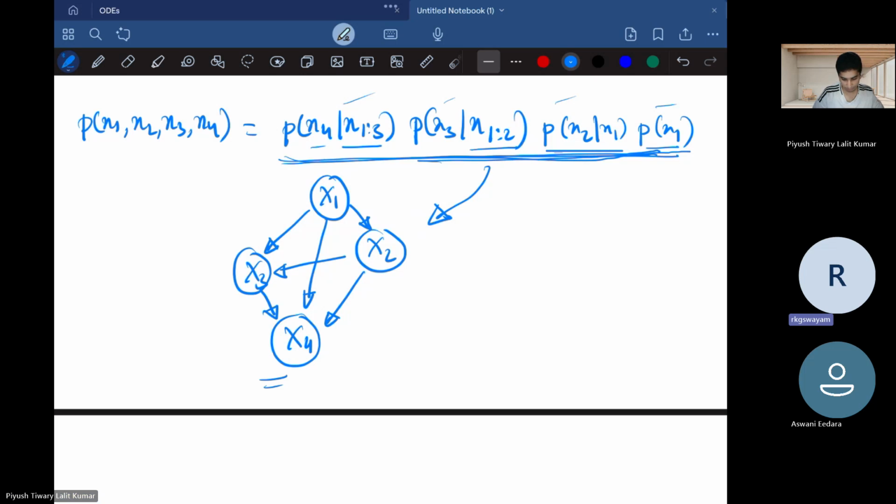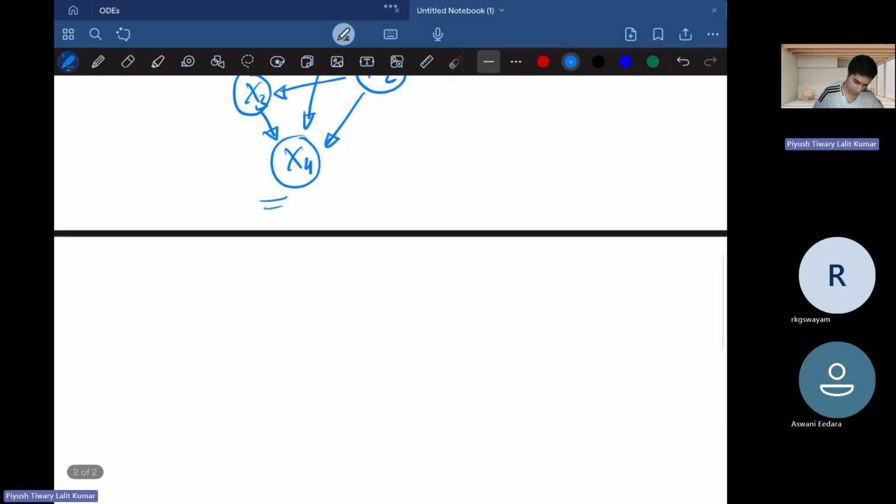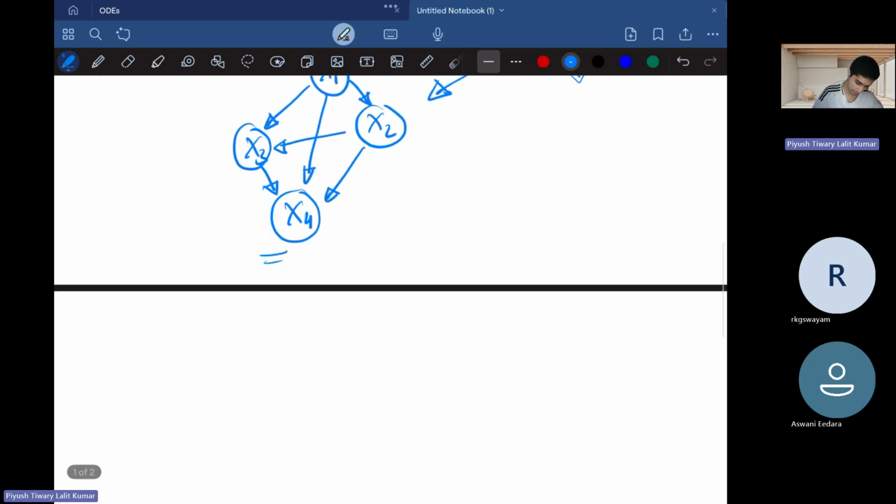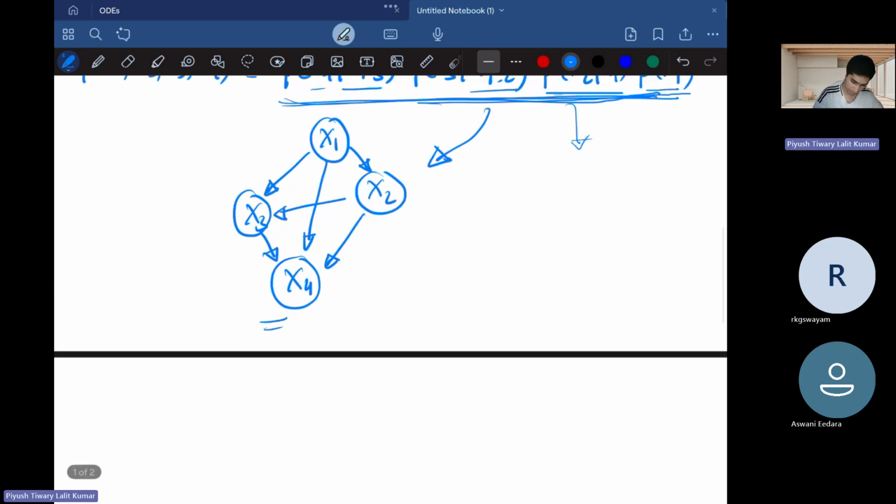What if I do not have an edge, say from x2 to x3? Then the decomposition will change. Right now we are looking at the decomposition and then constructing the graph. Let's say the decomposition looked like P of x4 given x1 to 3, P of x3 given x1, P of x2 given x1, and P of x1.